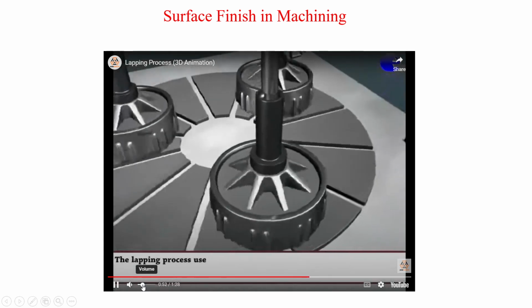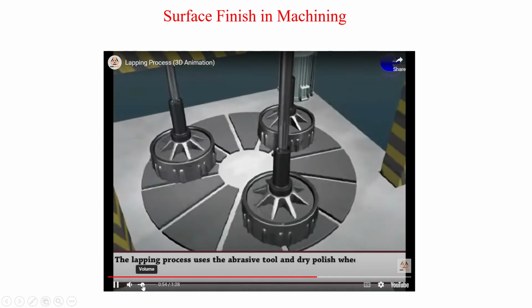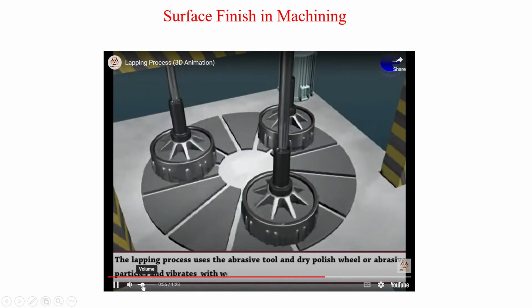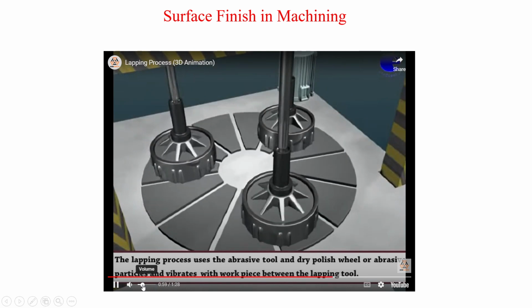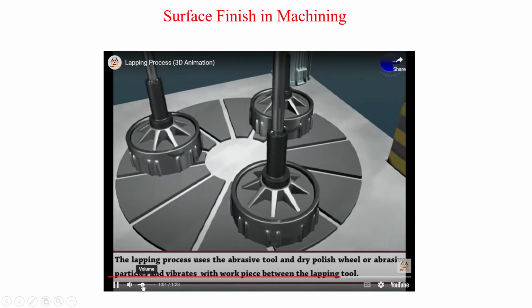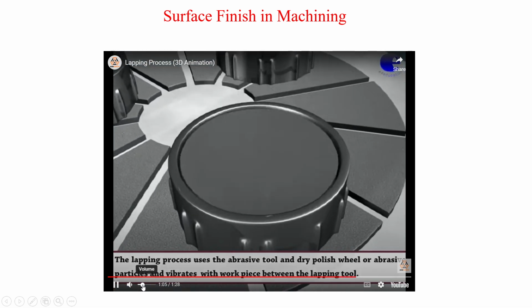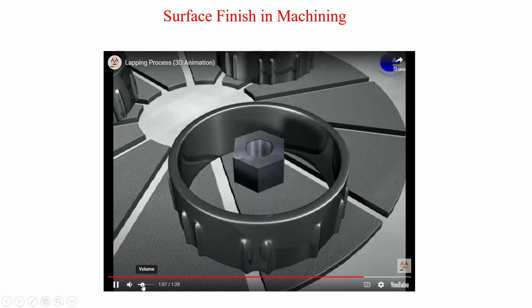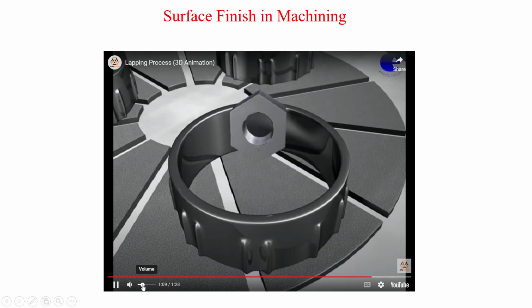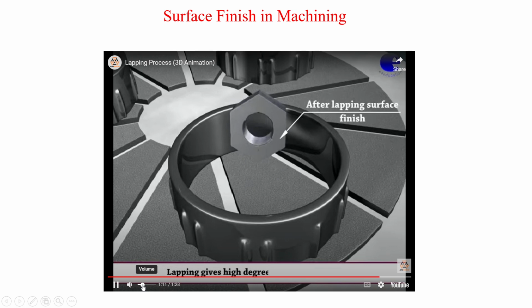The lapping process uses the abrasive tool and dry polish wheel or abrasive particles and vibrates with workpiece between the lapping tool. Lapping gives high degree of surface finishing.